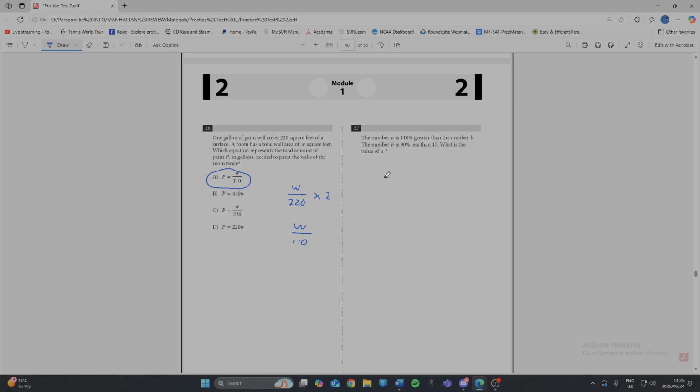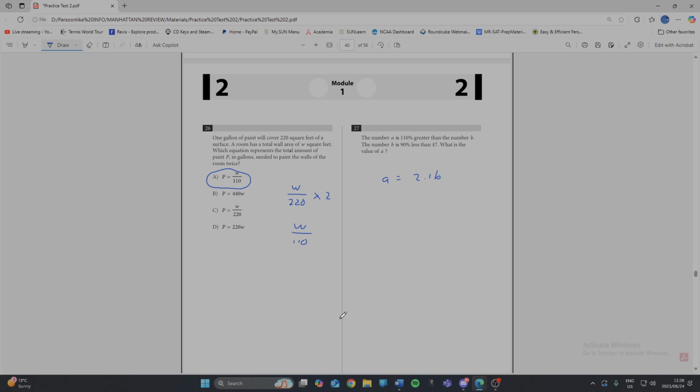Yep. Then for 27, it says the number A is 110% greater than the number B. Okay, so A is equal to what? If it was just 110% of B, we would use 1.1. But because it's 110% greater, and not just 110% of B, we actually use 2.1 B, right?